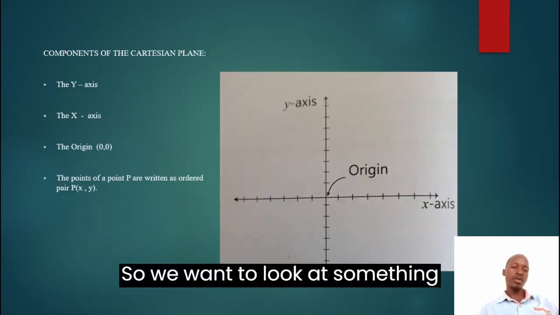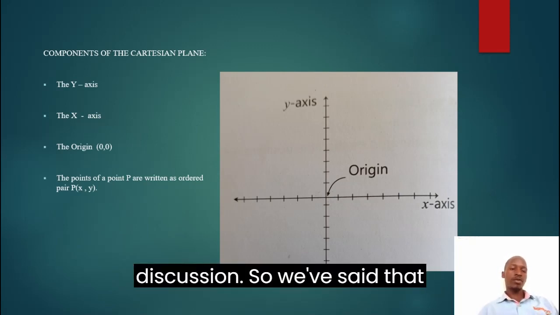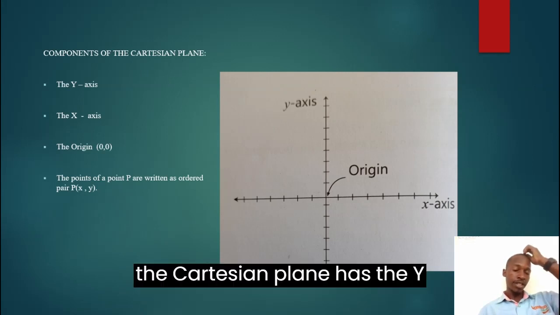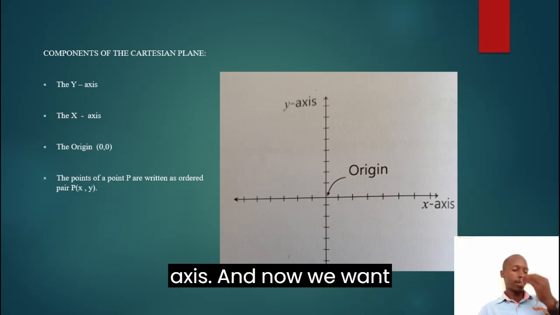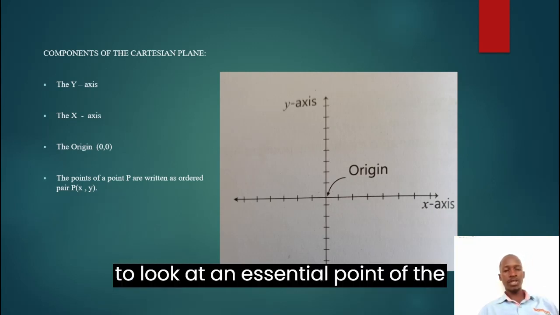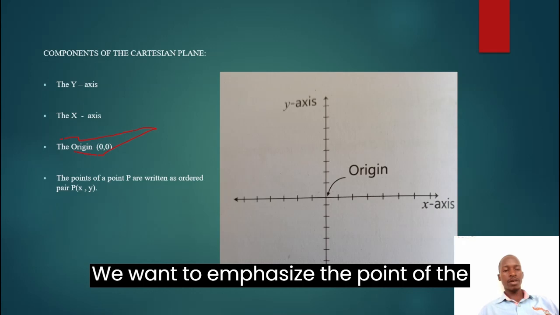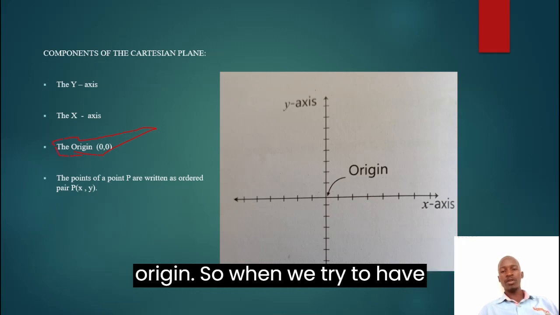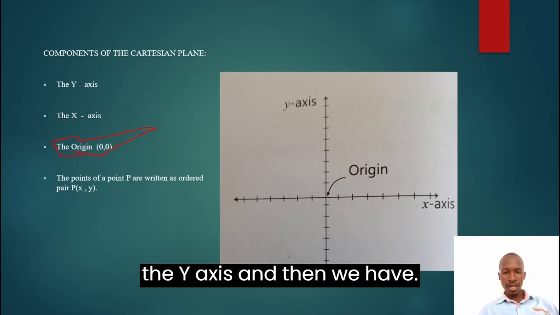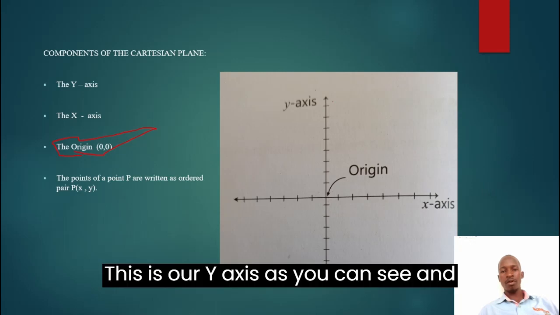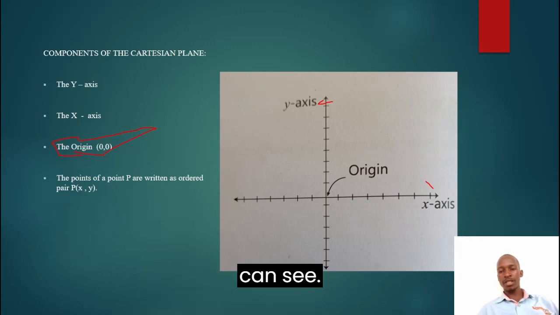So we want to look at something closely related to the previous discussion. So we've said that the Cartesian plane has the y-axis and the x-axis, and now we want to look at an essential point, the origin. So we want to emphasize the point of the origin. When we have the Cartesian plane, normally we have the y-axis, this is our y-axis as you can see, and then this is our x-axis as you can see.